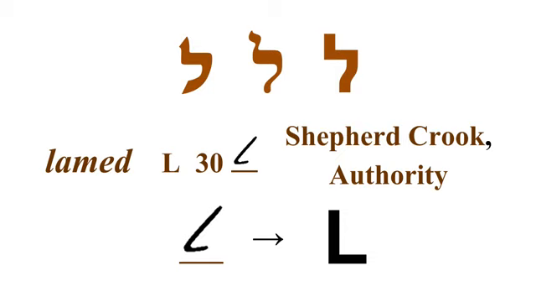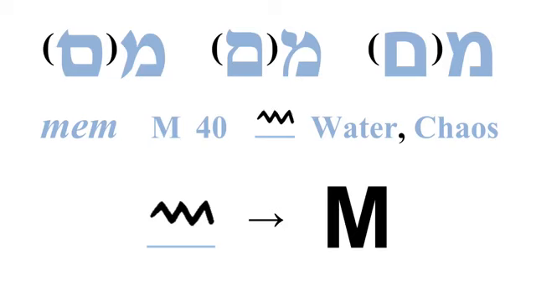And it represents a shepherd's crook, and if you are holding the shepherd's crook, you have the authority. You'll see a king holding a scepter. That's the Lamed. Got it? And he's wearing a crown. A crown, that's the horns on the Aleph. Okay? Make sense? There's your Lamed, and the next letter is the Mem.